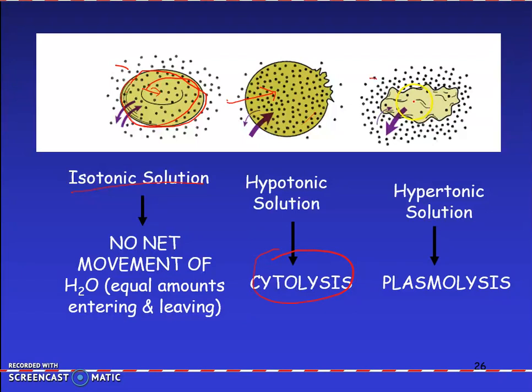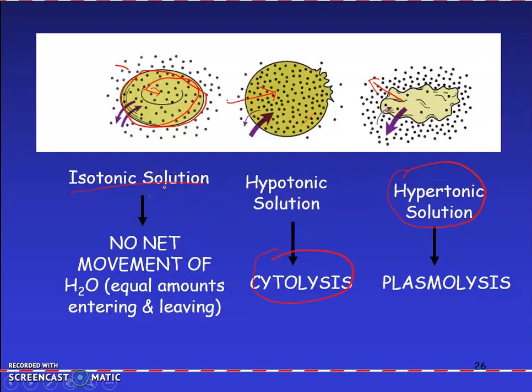So the water inside the cell is going to leave towards the lower concentration, towards the outside. This condition is called plasmolysis, and this is a hypertonic solution.